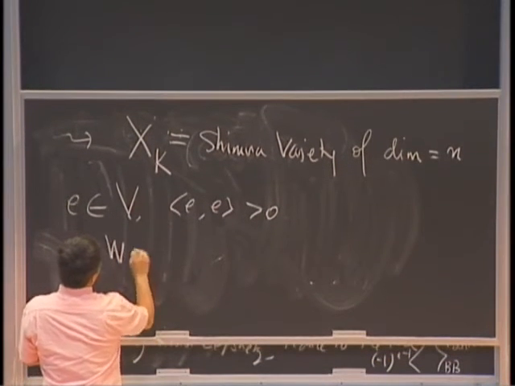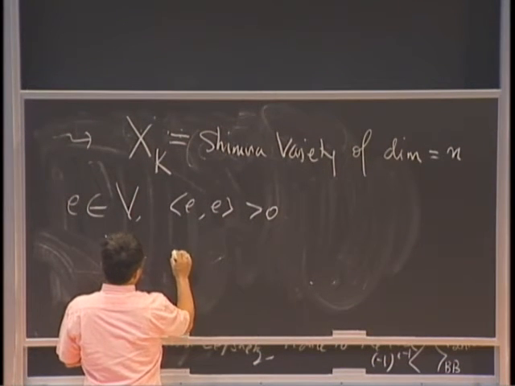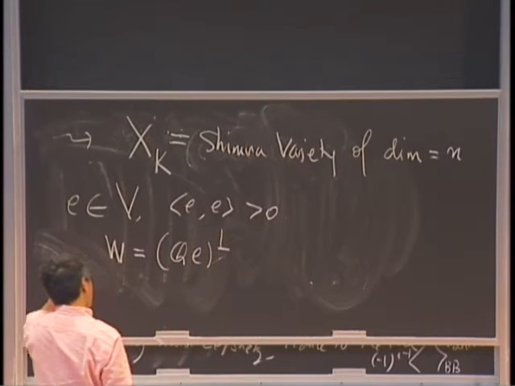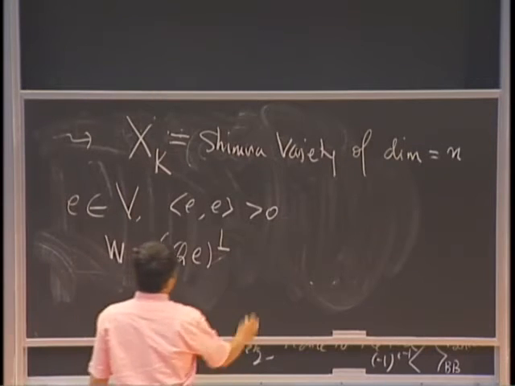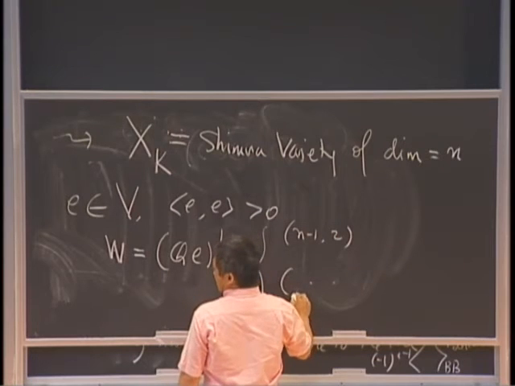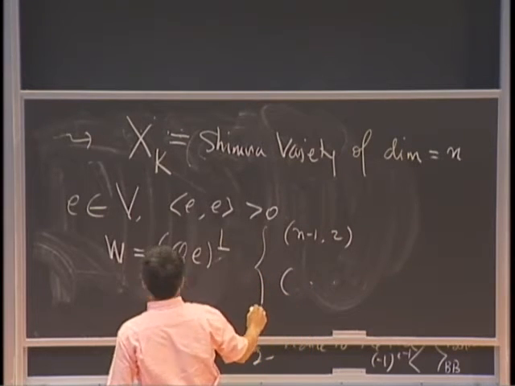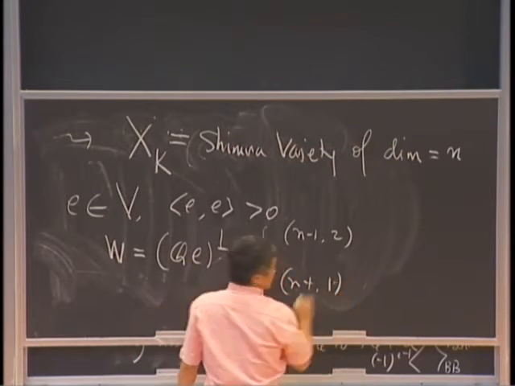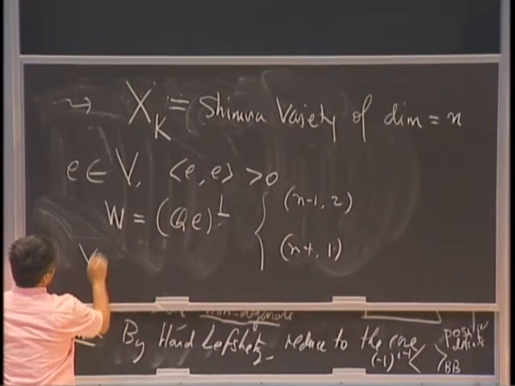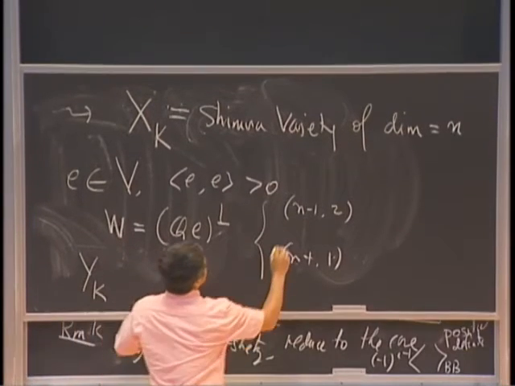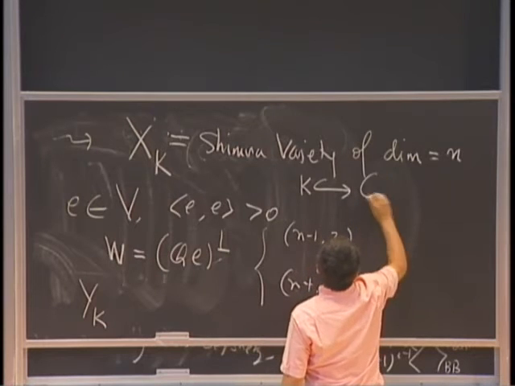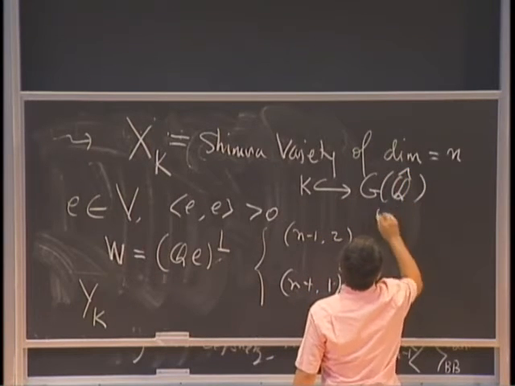Take W its orthogonal complement. This will have the same signature, either n minus 1, 2, or n minus 1, 1. So I get a Y_K, where K is an open compact subgroup.